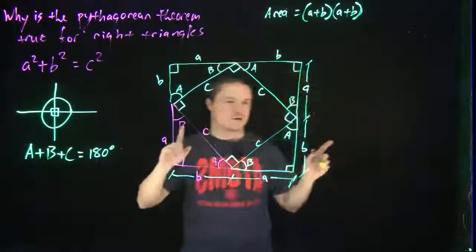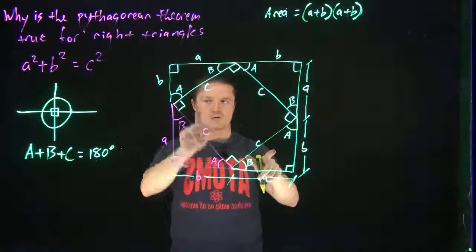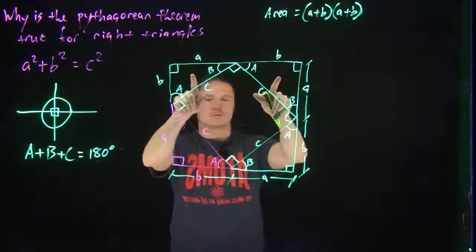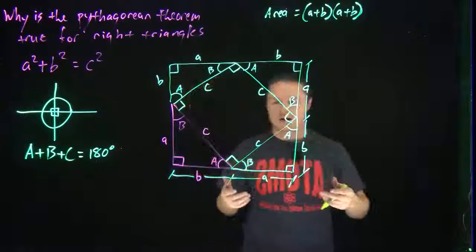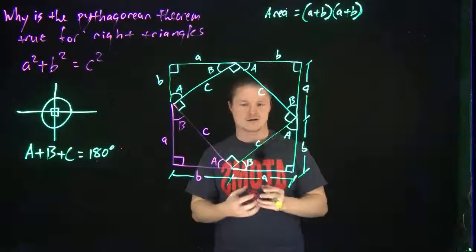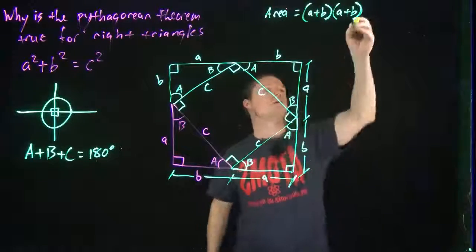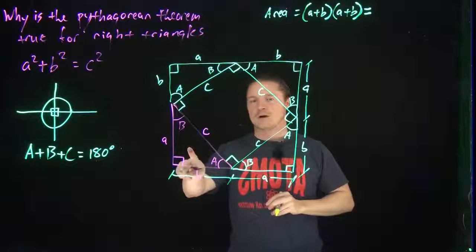Now, is there another way we could find the area of this square? Notice I've got triangle, triangle, triangle, triangle. I've got four different triangles and a square here. Could I find the areas of these individual pieces and add them together? Combining them should give us the total area as well. So this is equal to, what is the area of a triangle?